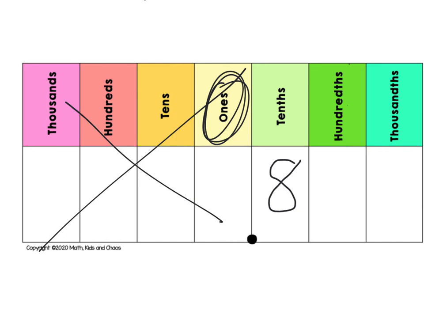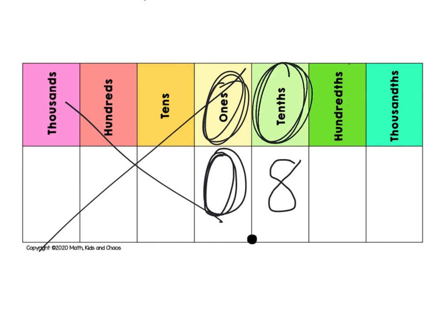And if you want, just to put a 0 here to hold that place, you can do that, because that is the place value on the place value chart. It's in the tenths place. That first place to the right is the tenths place.